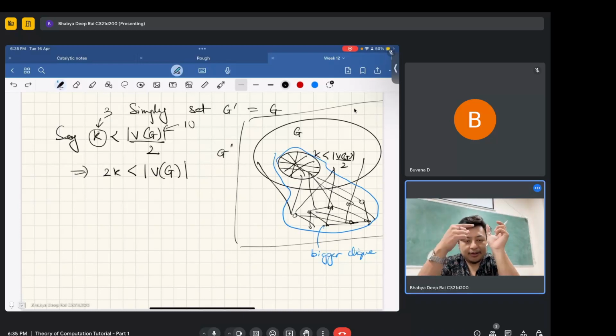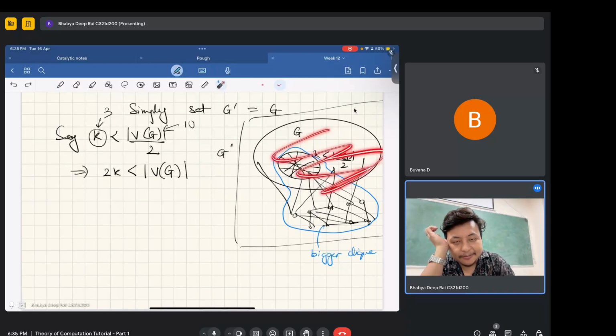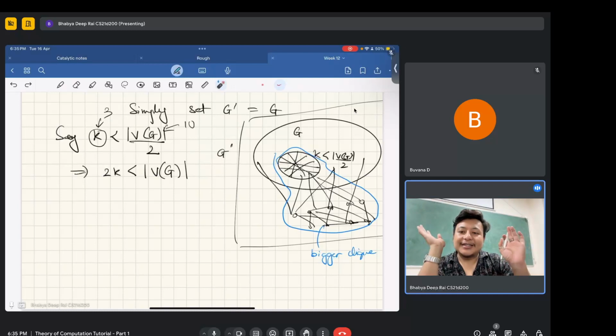So what does this mean? The number of vertices in G is strictly larger than 2 times K. Since it is strictly larger, there is some gap between them, right? Otherwise, it would have been equal.